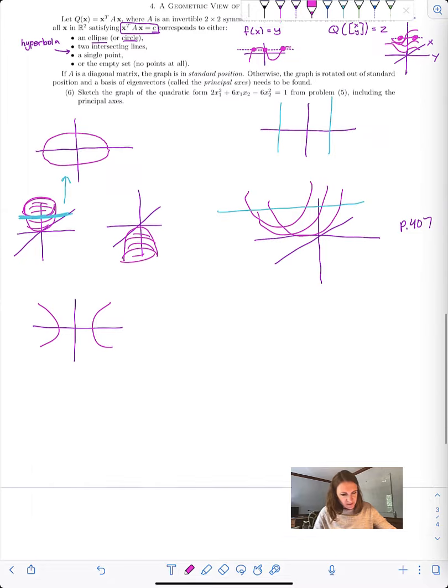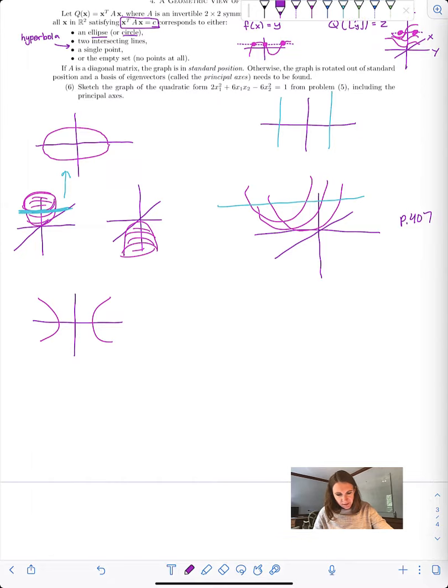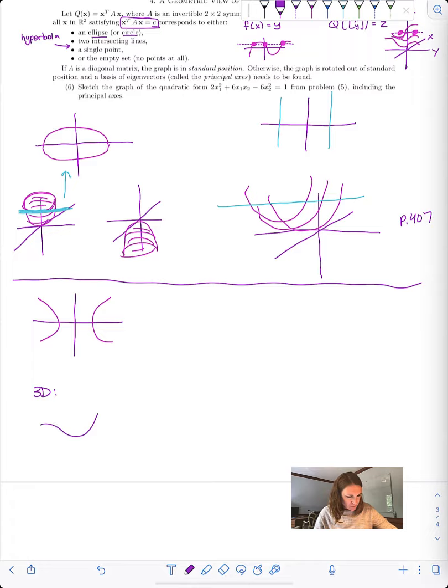And this comes from a saddle in 3D, which is next to impossible for me to draw. I'm going to kind of try, but you've probably seen these in calculus because you talk about those saddle points. But yeah, I apologize for my drawings.